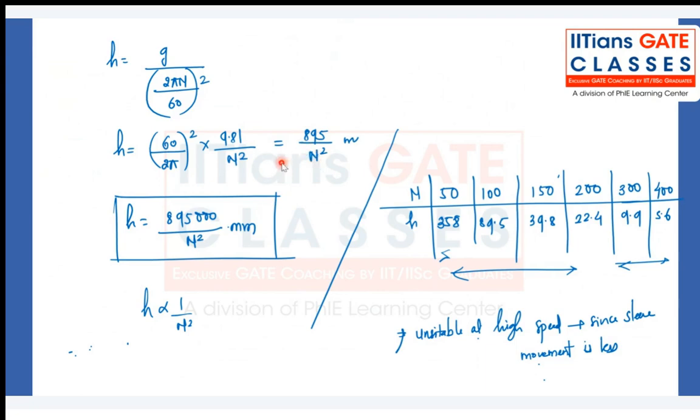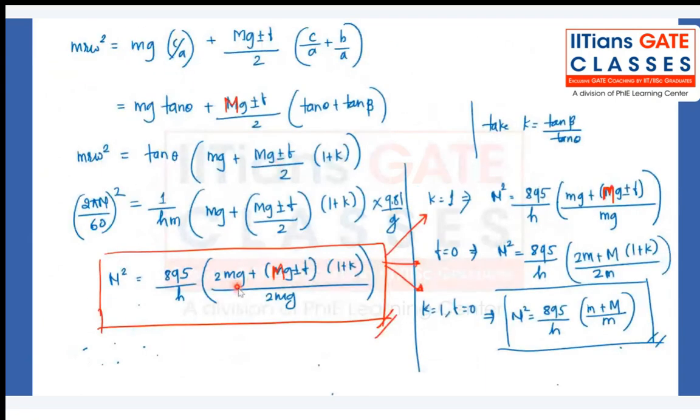Then similarly, for Porter governor, the formula will be different. 895 by h, N square is equal to 895 by h, fine. But we have some additional terms: 2mg plus capital Mg plus or minus f into 1 plus k divided by 2mg. If k is equal to 1, that is tan beta by tan theta, that is arm lengths are same, then this is the case you have to use.